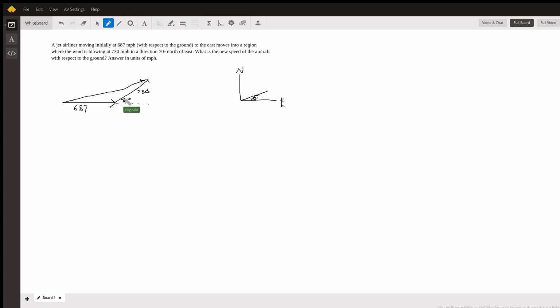right? So if this is 70 degrees, then 180, right? Because this is linear, these two form a linear pair. Then this is going to be 180 minus 70, which is 110. So this is going to be 110 degrees.